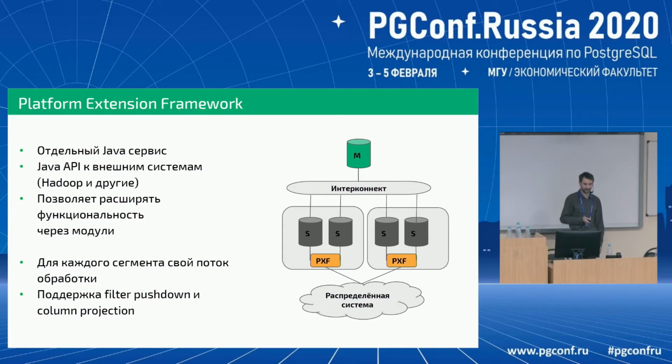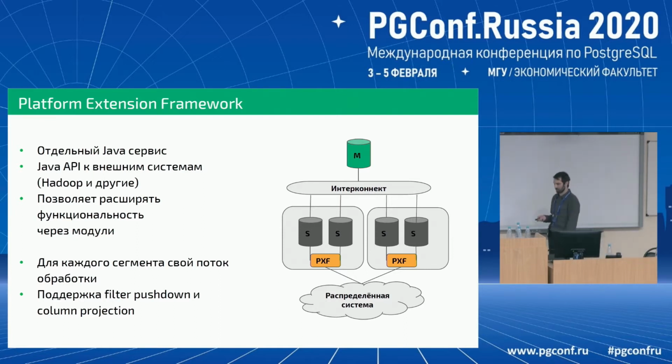Then there is PXF, the Platform Extension Framework. It's a dedicated Java service. It is used to call Java services. It means that there are some systems written in Java, like Hadoop. They have a Java API. There is no need to go from C-based Greenplum and change something in this code to talk to such systems.